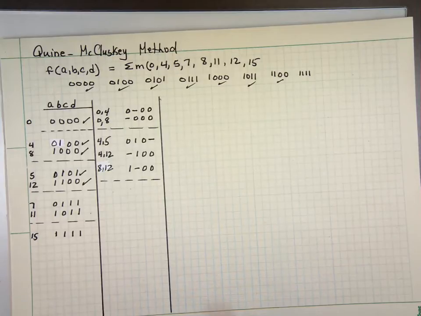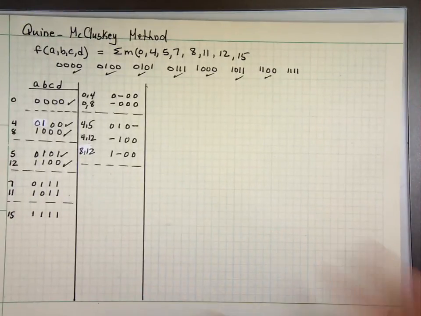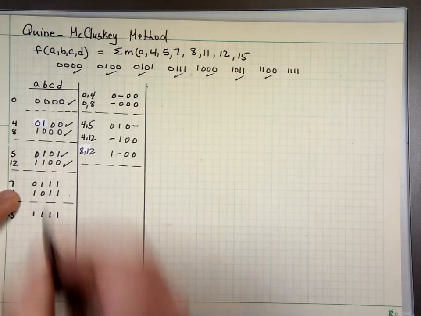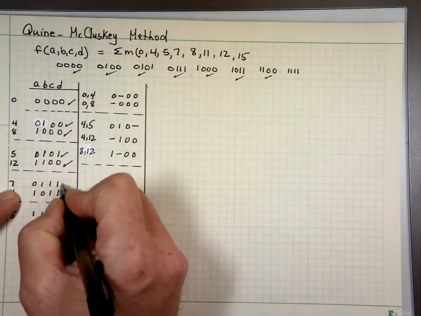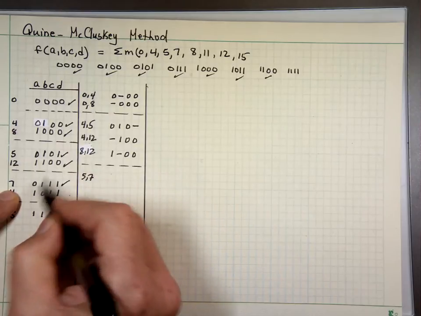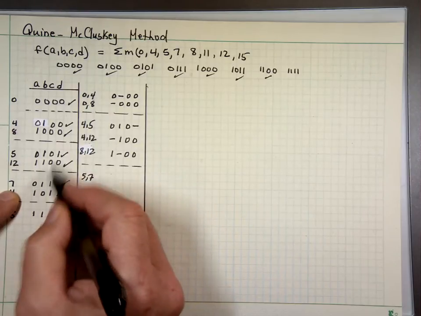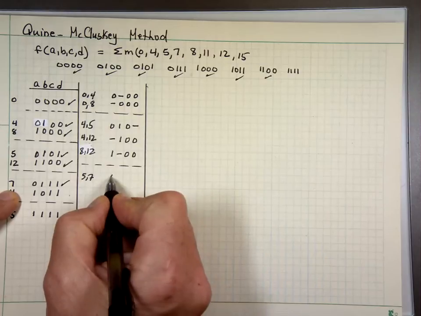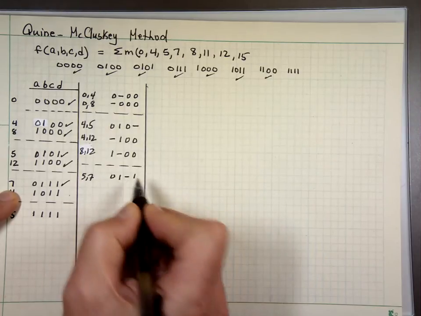Again, look away from it. Now let's look between this group and this group. The 5 and 7, it looks like I can do that, right? 5 dash 7 dash, 0, 1 dash 1, 0, 1 dash 1.